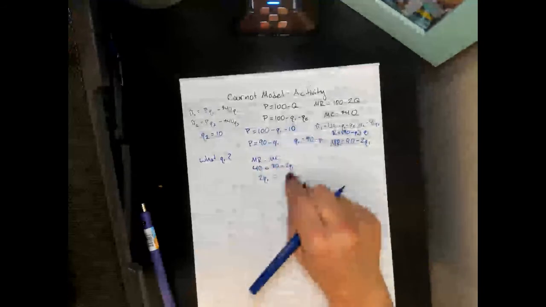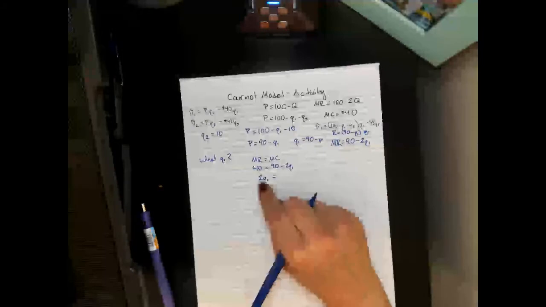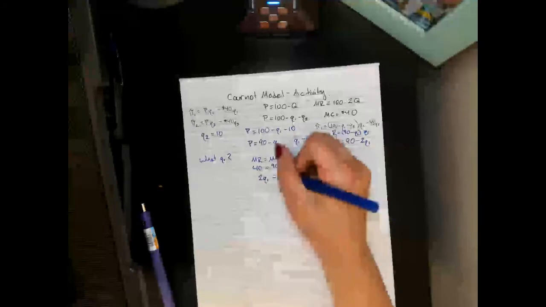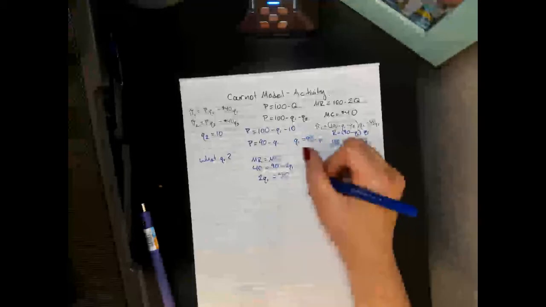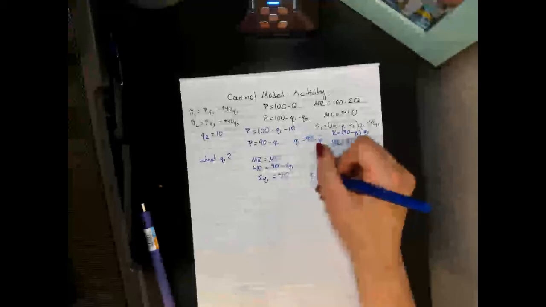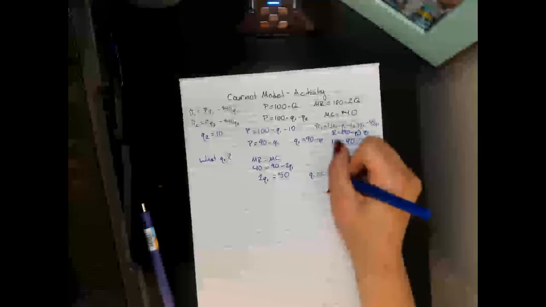I'm going to add 2Q1 to both sides, and then subtract 40 from both sides. And I get 2Q1 equals 50, divide by 2, and I get Q1 equals 25. And if you go back and look at the slides in the book, that's what we see. That's sort of what we expect.